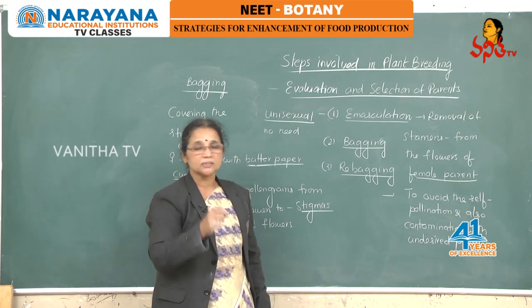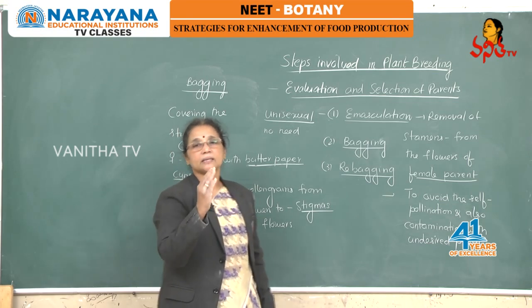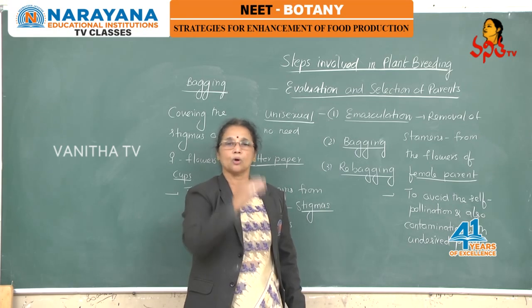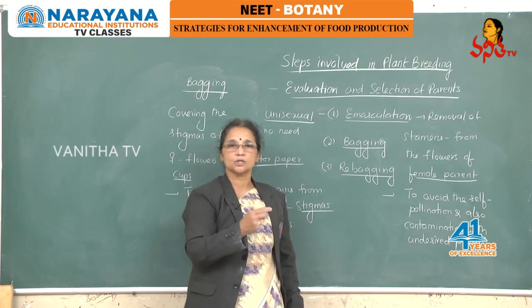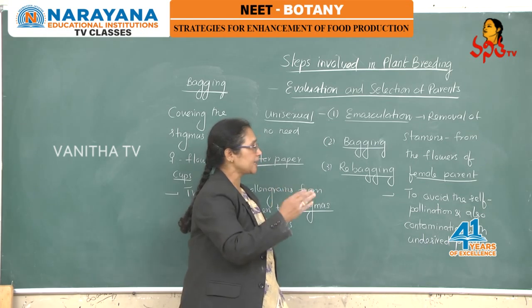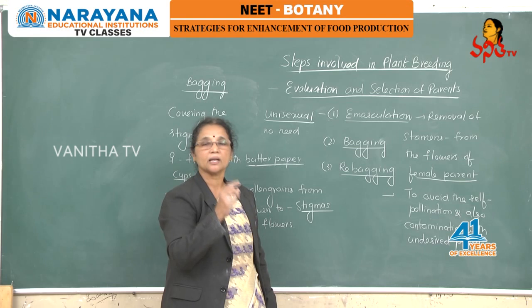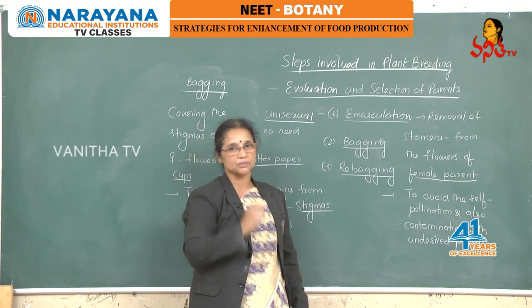Why this process? Also to avoid the contamination with the other foreign pollen grains. So all these steps are to avoid self-pollination and contamination with the foreign pollen grains. Strictly we want to cross the selected parents only here.